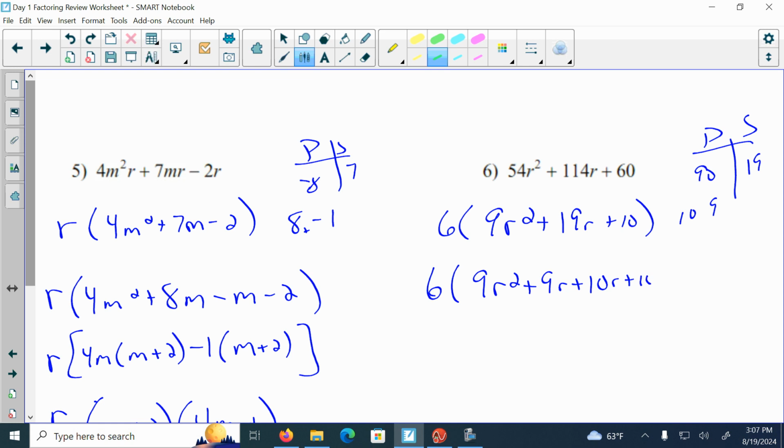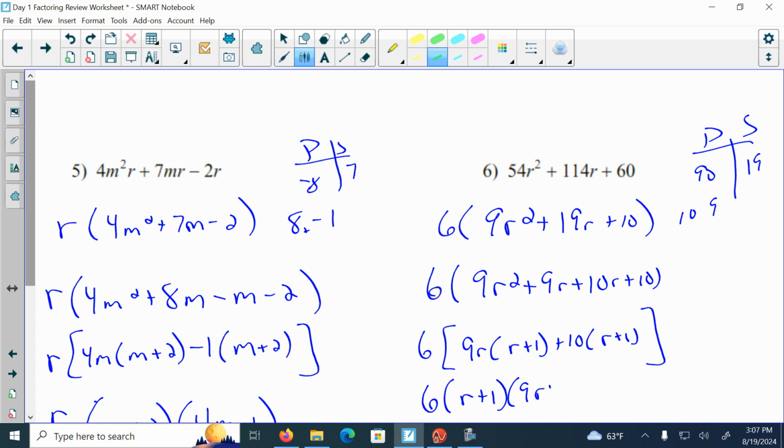That would be easier. Doesn't matter. Again, it does not matter the order you do those in. So I'm going to have 6, 9r, r plus 1. Double check and make sure there's no common factors and there aren't any that can be simplified.